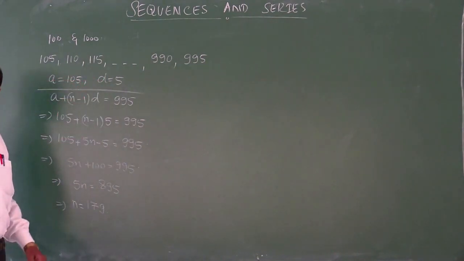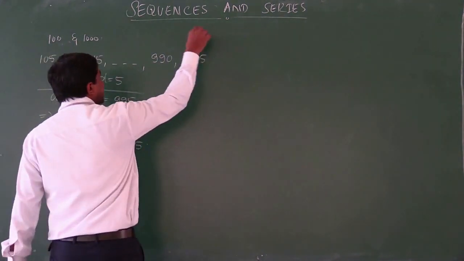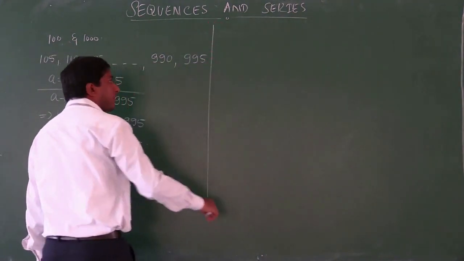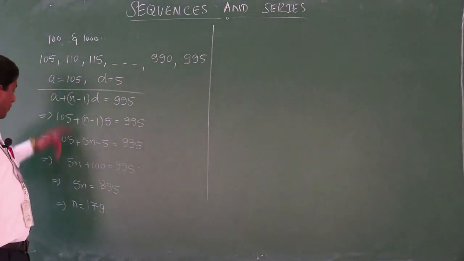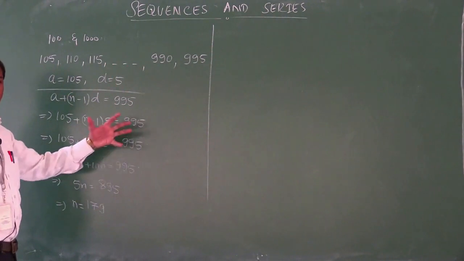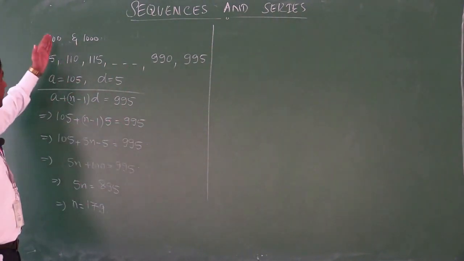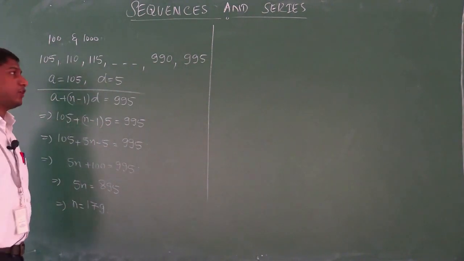Now we have the values of a, d. We also calculated the value of n. All we have to do is use the Sn formula and find out the sum to 179 terms of this particular AP. That will be the sum of numbers which are multiples of 5 lying between 100 and 1000.